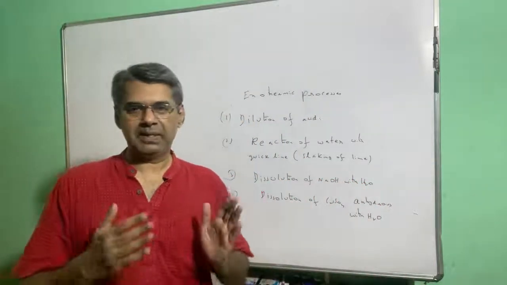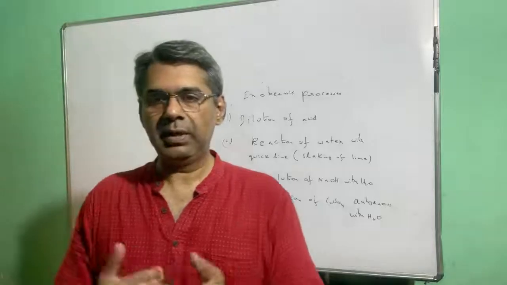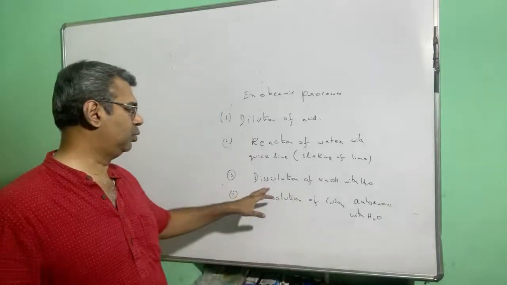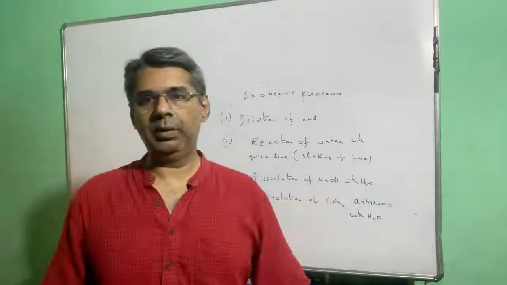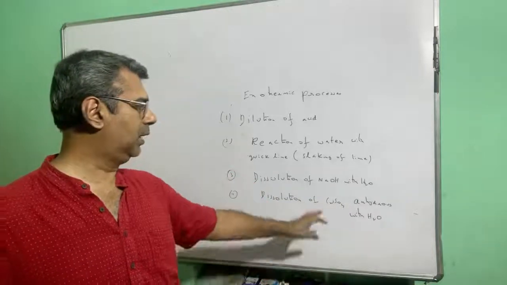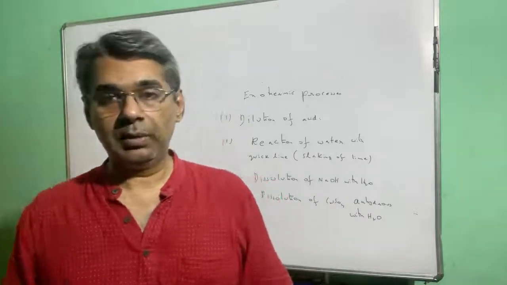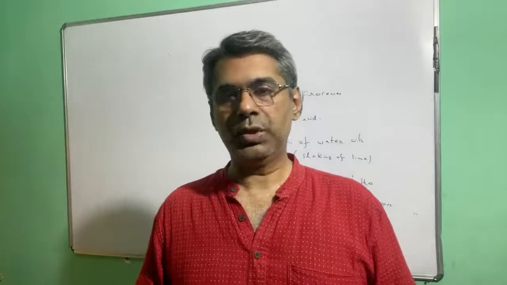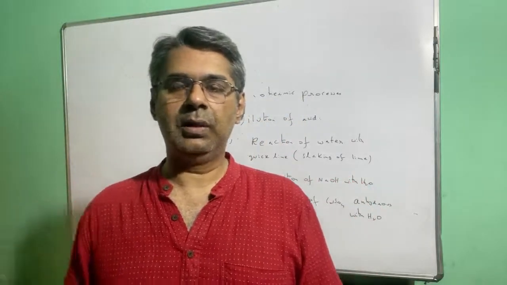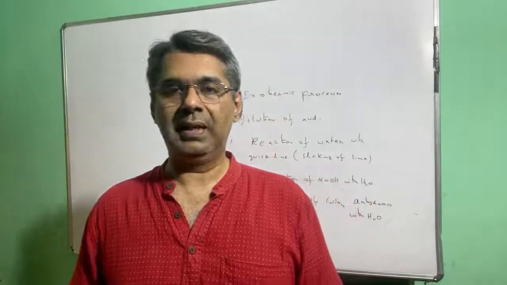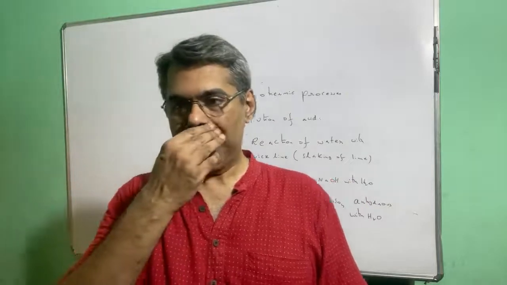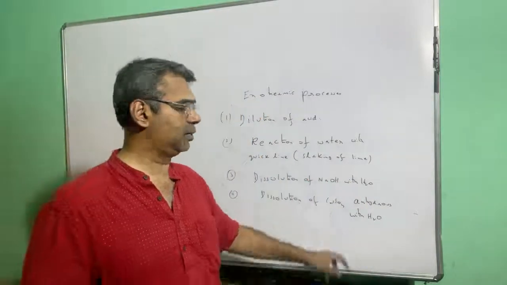We are basically focusing on exothermic, like I already told you, so we'll just see two examples. Dissolution of NaOH in H2O. You know that NaOH is highly soluble in water. Most of these compounds which are highly soluble in water give an exothermic reaction when you put them in water. NaOH is caustic soda.